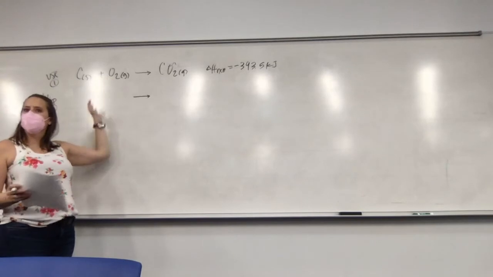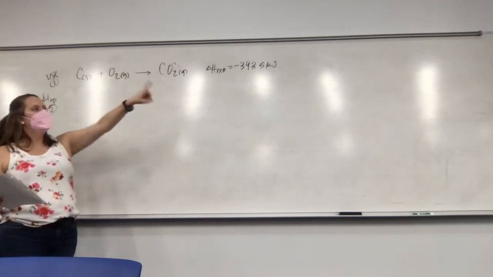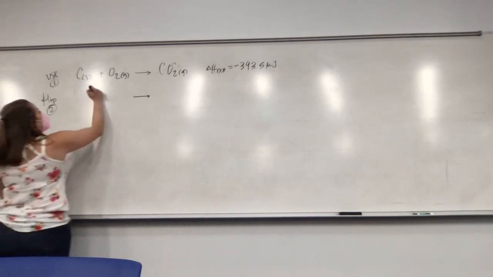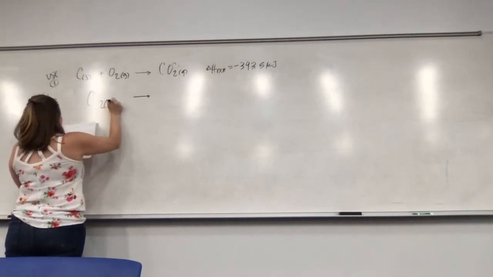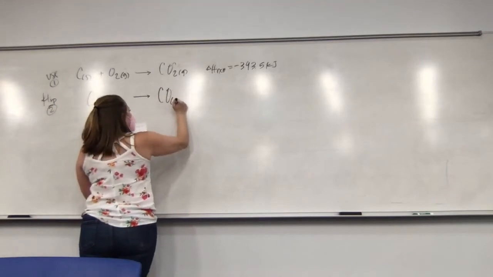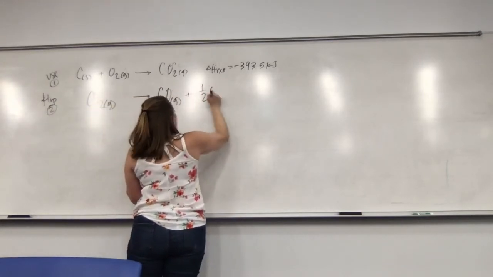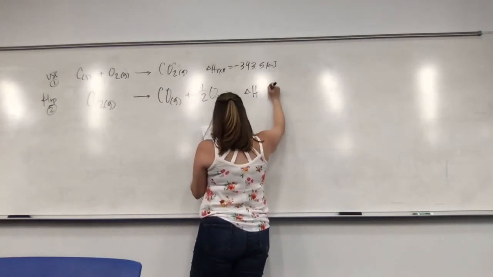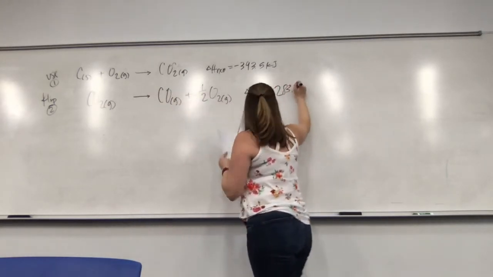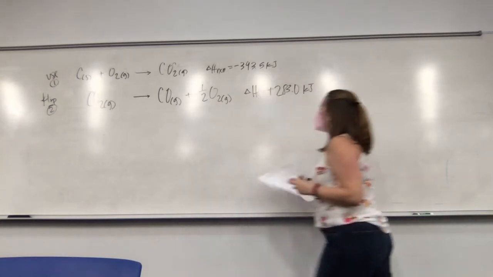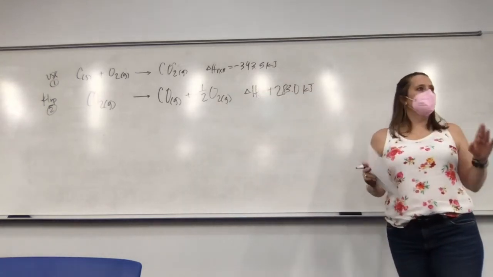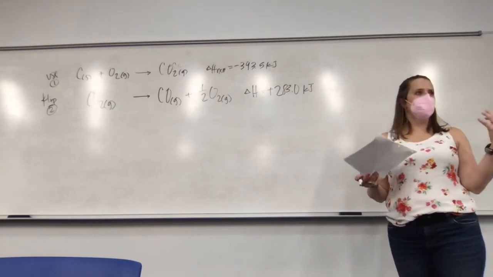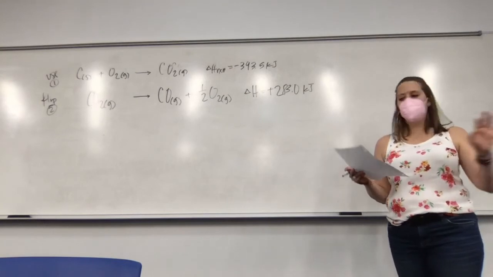Everything on one side goes to the other, full switch, and the sign is going to flip from negative to positive. So we're going to have CO2 gas goes to CO gas plus 1/2 O2 gas. And now delta H is positive 283.0 kilojoules. You do not have to use the positive signs. I do it so that I know that I haven't lost a negative. That's all. That's why they're there.